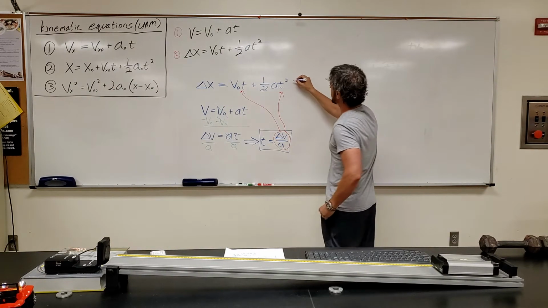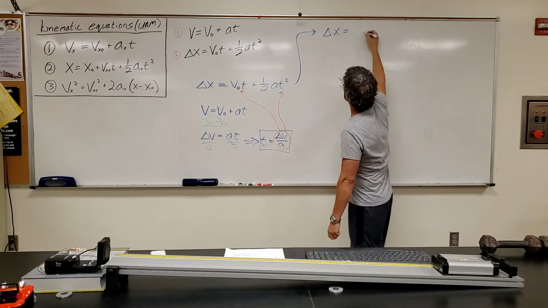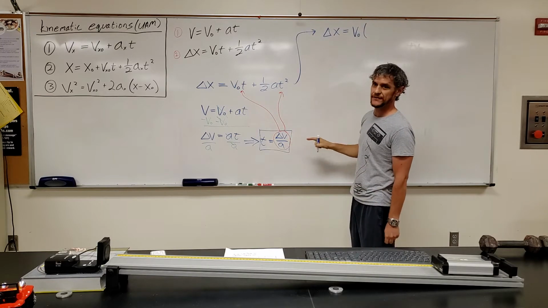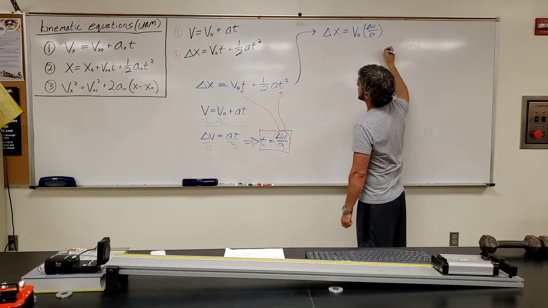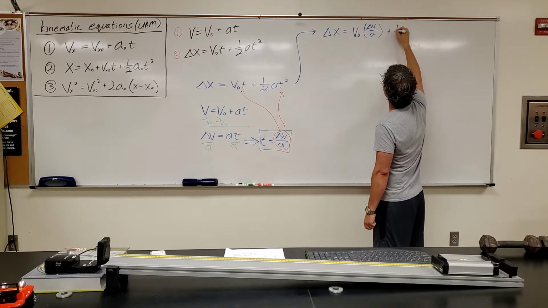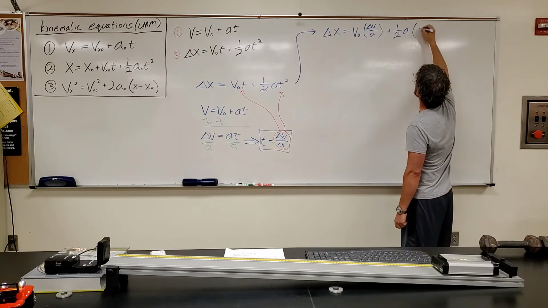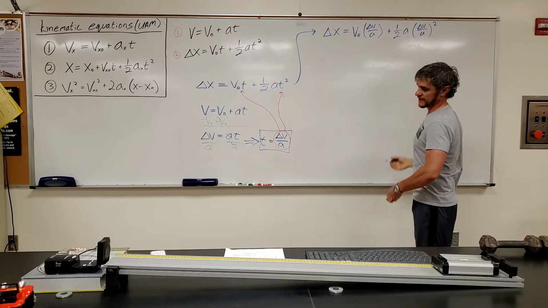When I do that, I get that the displacement delta x will be equal to the initial velocity times delta v over a, plus 1/2 times the acceleration times the time squared, which is now delta v over a, that whole quantity squared.